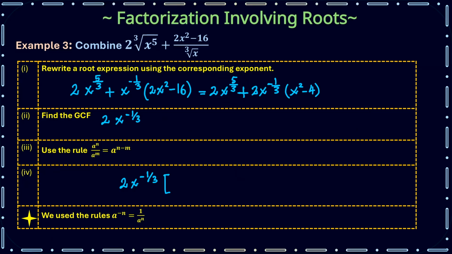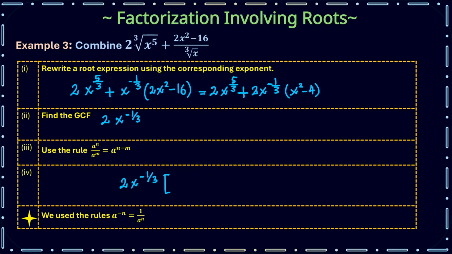You again take x to the 5/3 and you divide it by x to the negative 1/3. And again, in that case, we have to subtract their exponents. So 5/3 minus negative 1/3, that will give you 5/3 plus 1/3 or 6/3, which leaves you with 2.